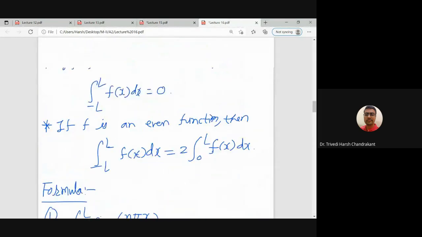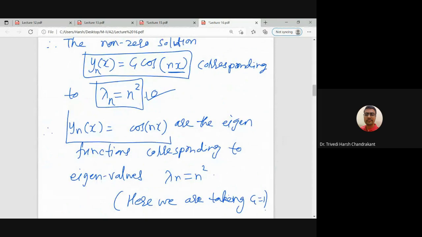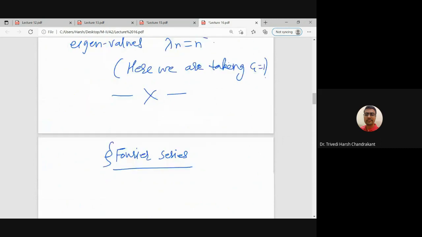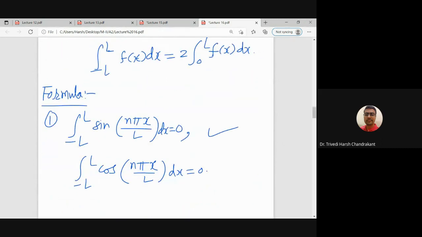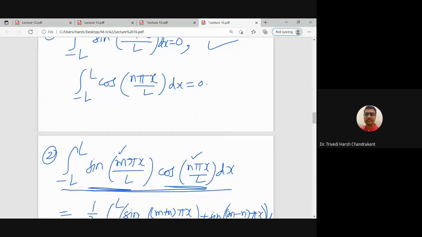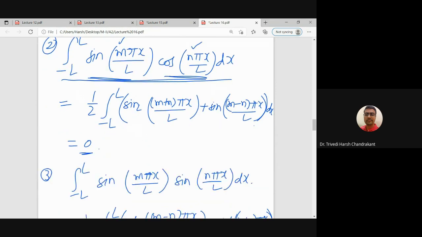See the previous example, where we got eigenfunctions which are cosine functions. The Legendre polynomials are also orthogonal eigenfunctions. Sine and cosine functions are also obtained as eigenfunctions, depending on the third case of a second order linear differential equation with constant coefficients, where we get the solution in terms of cosine beta x and sine beta x.